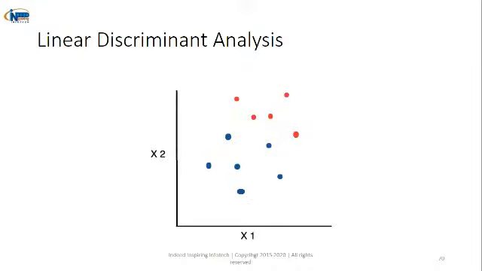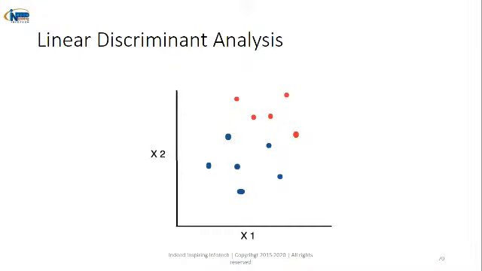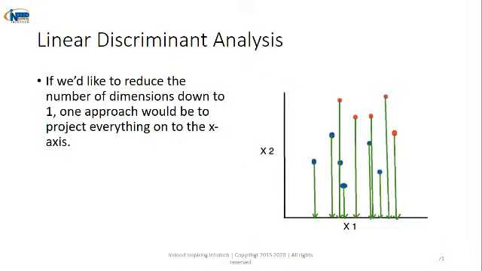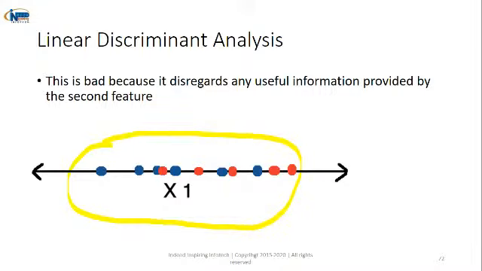In linear discriminant analysis, here you can see the data set, and if we are trying to reduce it to a single dimension, because here x and y coordinates are there, and we denote everything in a single dimension, we would end up with this kind of data, which will lose a lot of information.